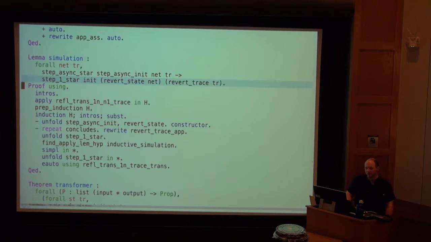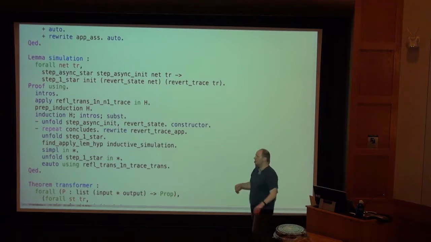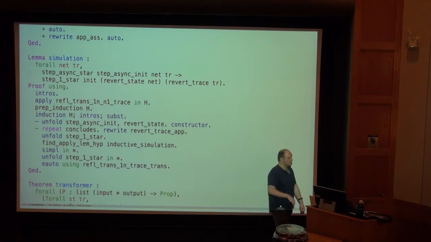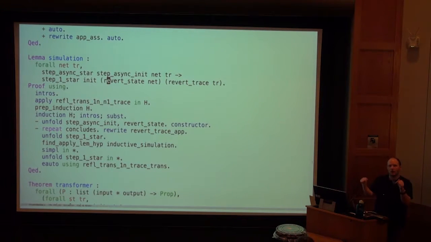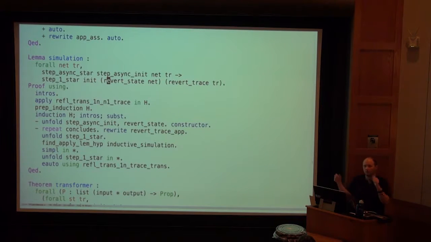Now here's that trick. Remember on the slide we said that we have this sort of lift of a property. So we have these revert things like revert state and revert trace, and those are mappings from things going on for the underlying system. So mappings from our state to what we consider the analog.